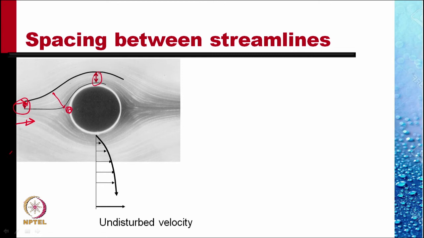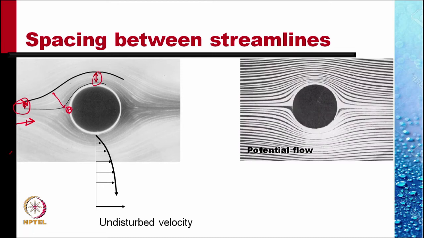On the other hand, consider the flow of a fluid which is non-viscous. There is no fluid which is completely non-viscous, but it is possible to simulate this flow in an apparatus called the Hele-Shaw apparatus, where the fluid behaves as if the Reynolds number is infinite.